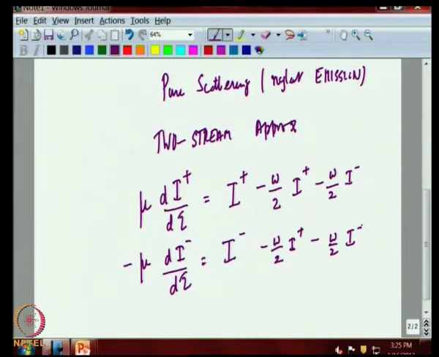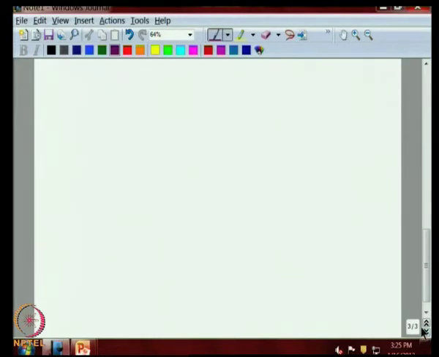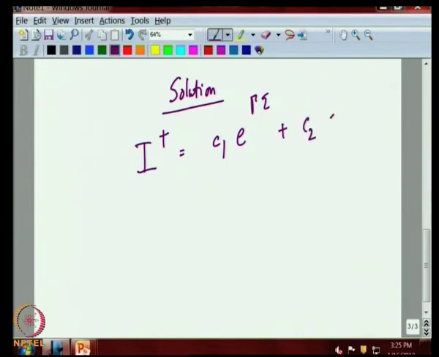and these can be solved, and the solution is a straightforward solution of coupled differential equations. The solution can be written as I plus, the upward going ray, is equal to C1 e to the power of gamma tau plus C2 e to the power of minus gamma tau, where gamma is a quantity which connects the single scattering albedo and the direction cosine square.